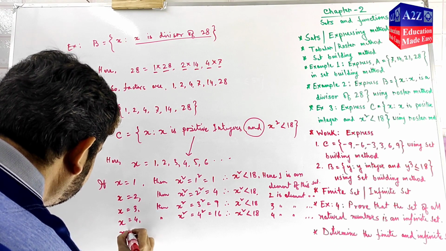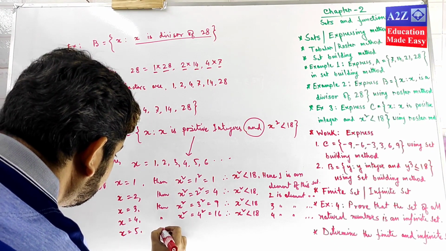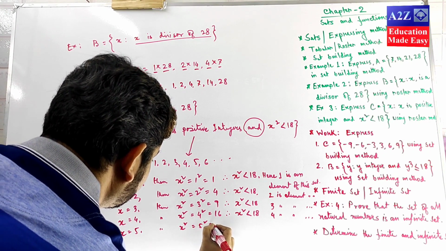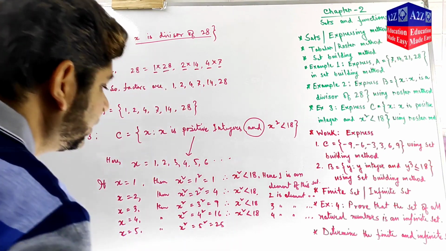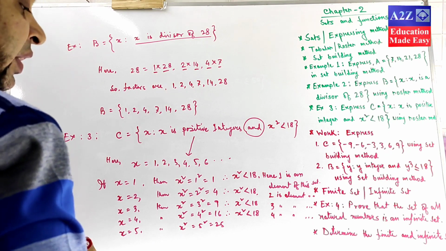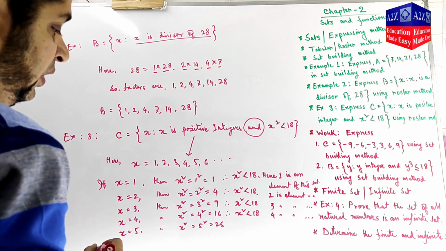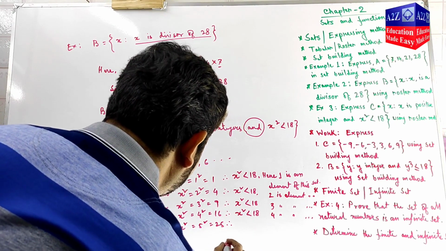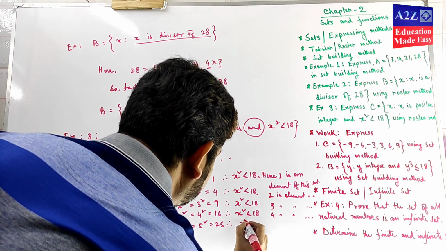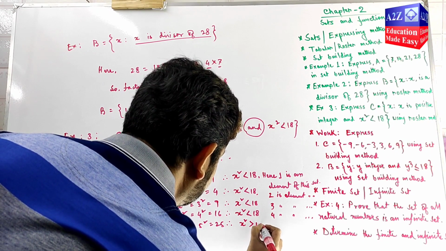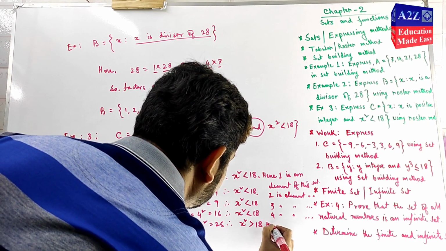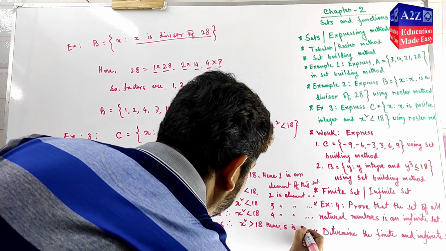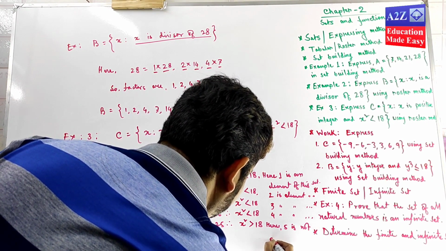If x equals 5, then x square equals 5 square equals 25. Actually 25 is not less than 18, it is greater than 18. Therefore 5 is not an element of this set.